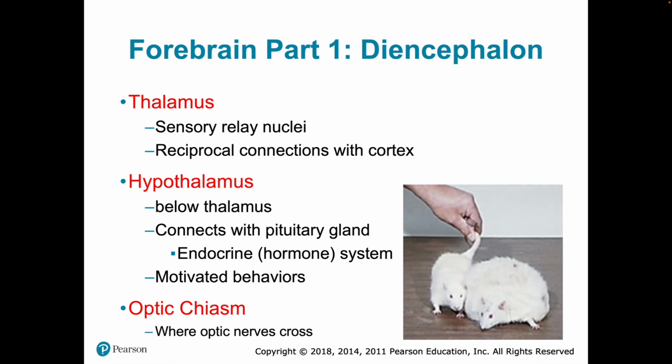So the thalamus has a very important role as being a sensory relay. So it's kind of sitting in the center of your brain or in the center of your cerebrum there. Most of your sensory systems are going to send signals from your sensory receptors. And those are going to get relayed through the thalamus, eventually out to your cortex.